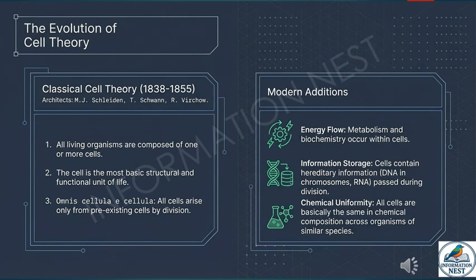Rule number 3 is the most important. All cells arise from pre-existing cells. That means you are basically a copy of a copy of a copy of a copy going back billions of years. You are essentially a very old, very complex biological Xerox machine.